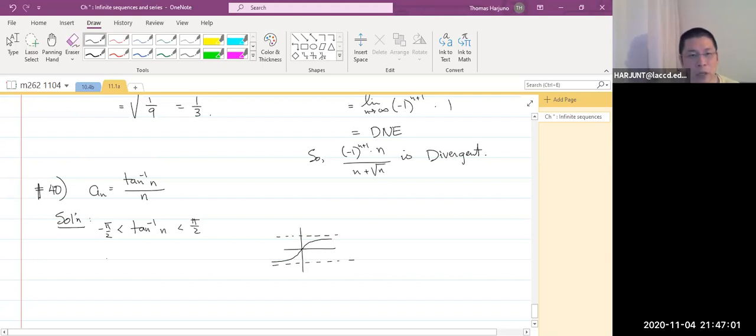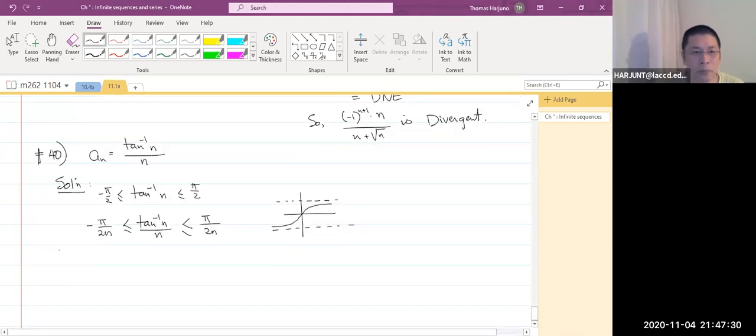Okay, now divide this by n. For the sake of simplicity, let's put an equal sign. It's not wrong. We know it's never equal, but I can just put it like that. Now apply the limit.